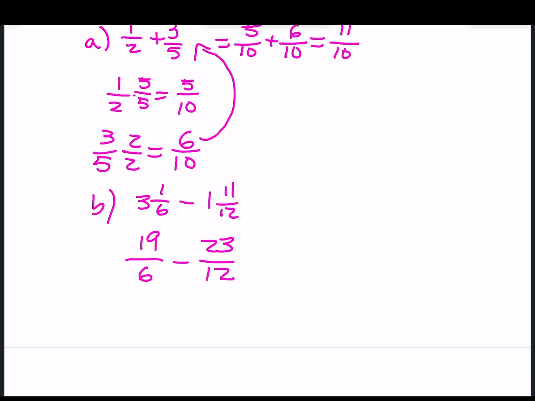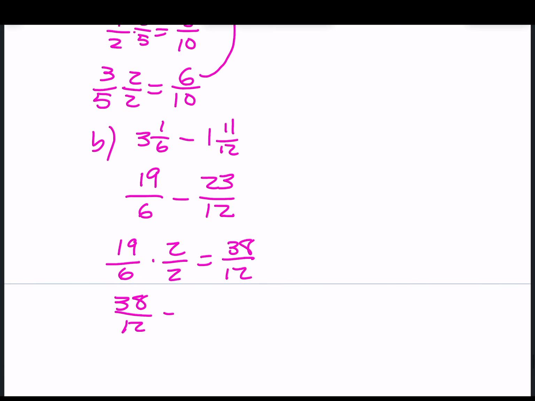So 19 over 6 times some fraction is equal to something in 12ths. Well, 6 times 2 is equal to 12, so our clever one is 2 over 2. 19 times 2 is 38. Okay, and then we already have 23 over 12 is in 12ths, so we can rewrite the whole thing as 38 over 12 minus 23 over 12.